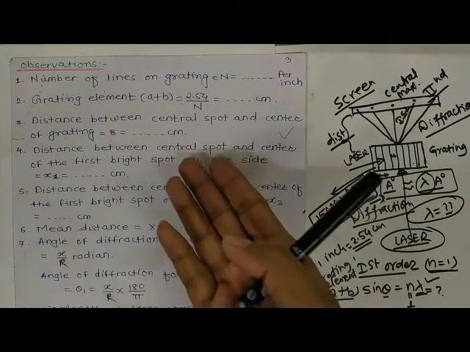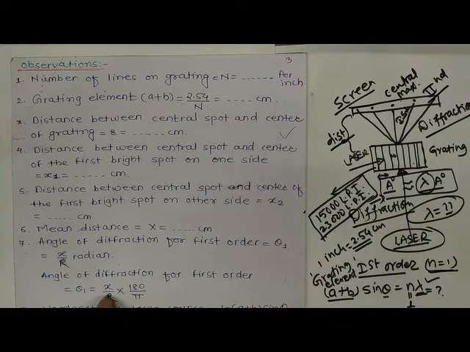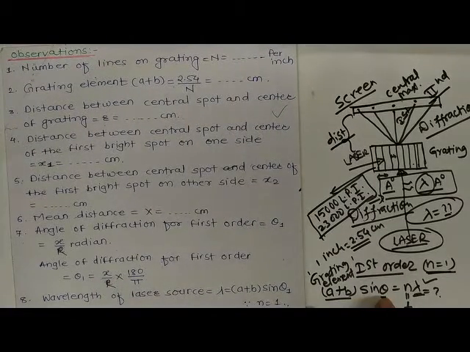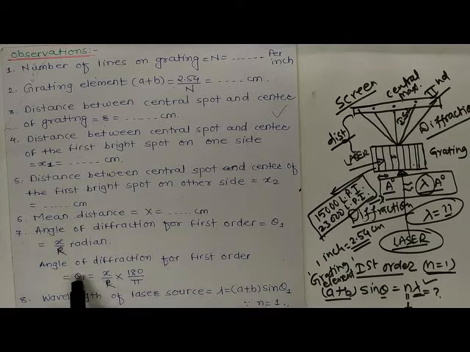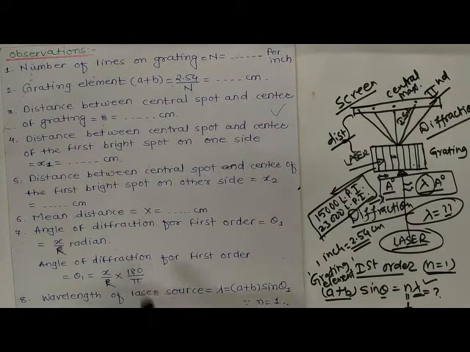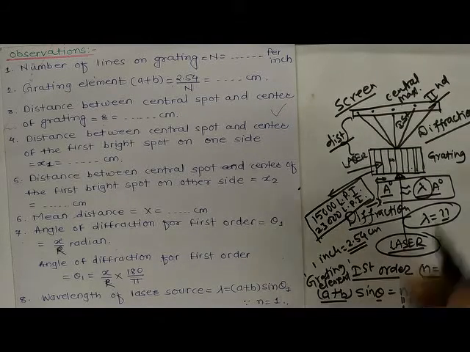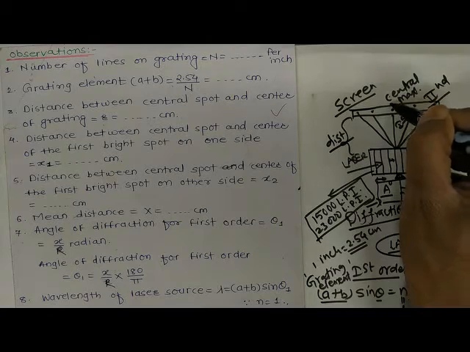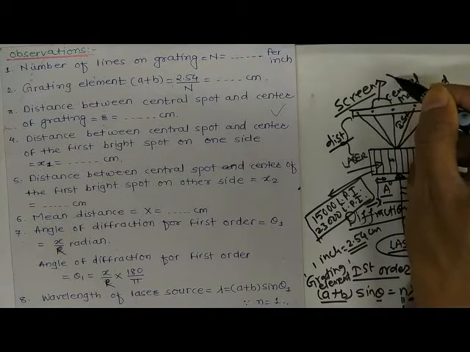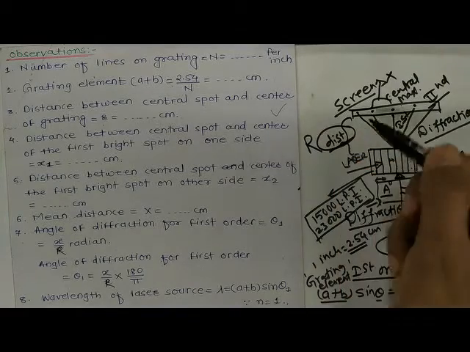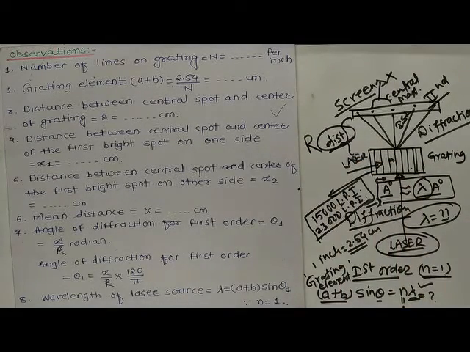Then we have to use this formula for every theta. Sin theta, and how to find that theta? Theta can be calculated as x by r into 180 by pi. Now what is x and what is r? x is this distance, the distance of the first spot from the central maxima, and r is the distance between the screen and the grating.